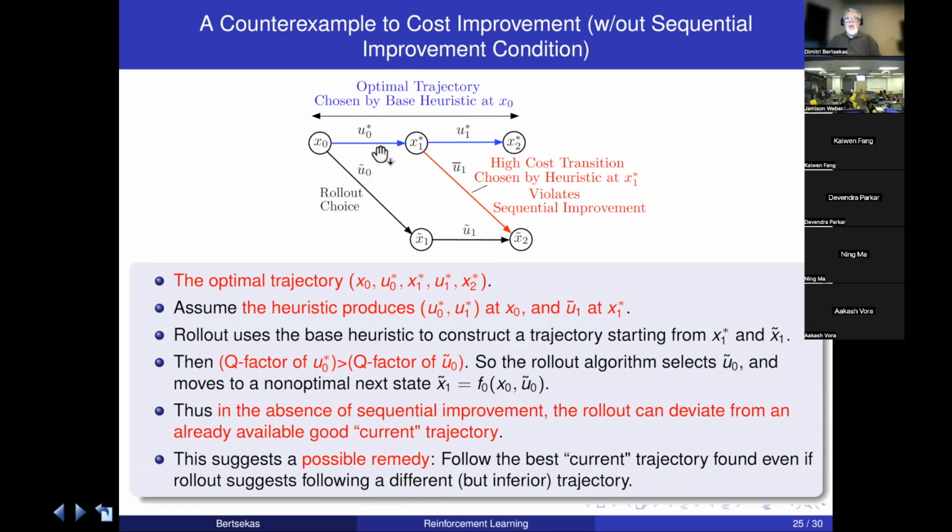In other words, have some way to detect that this trajectory is worse than my current trajectory, and then do not switch to go this way, but rather continue to go that way.